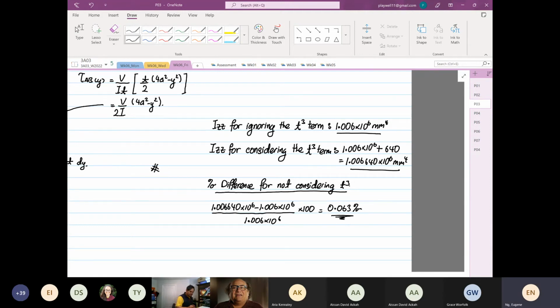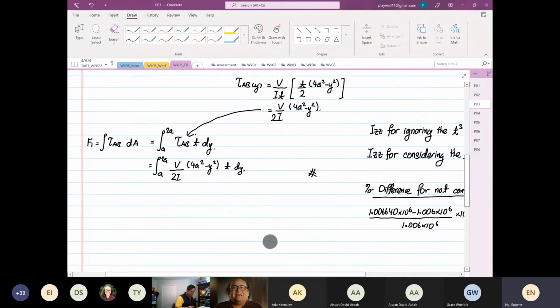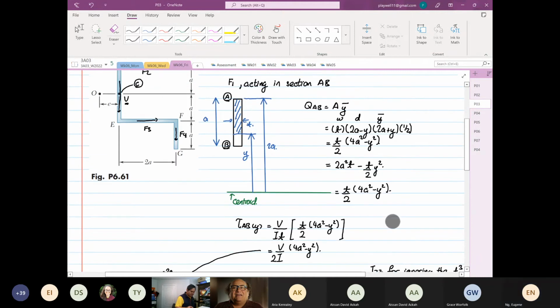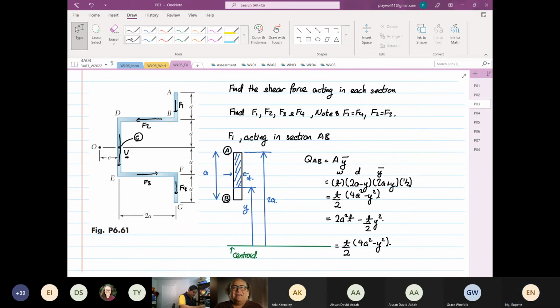Okay. Right. So we come back to where we were last. What were we trying to achieve? We are trying to find the value of F1. We want to find what our F1 value is. So we have found our first moment of area in terms of y.